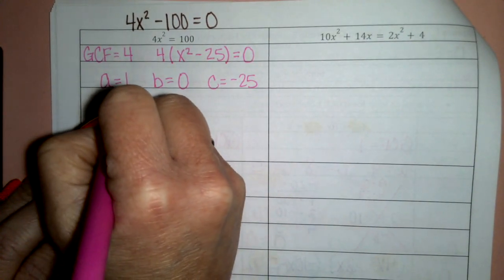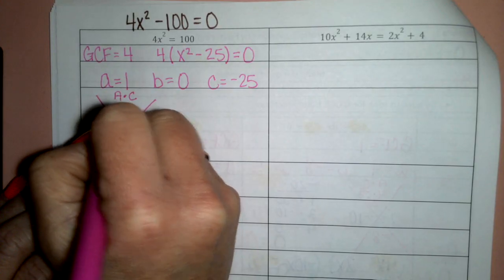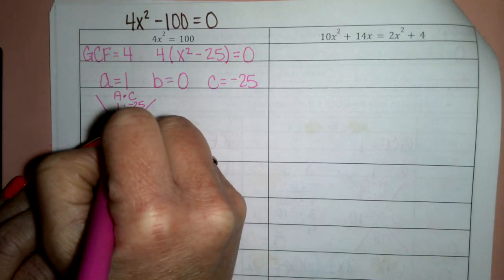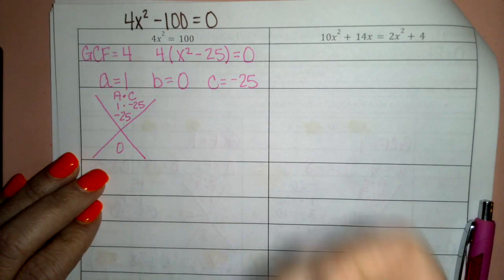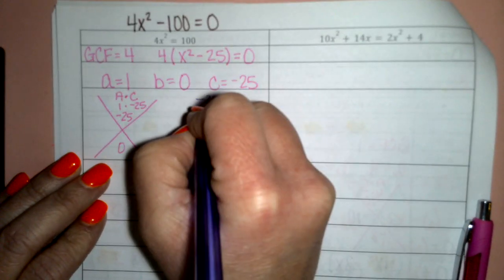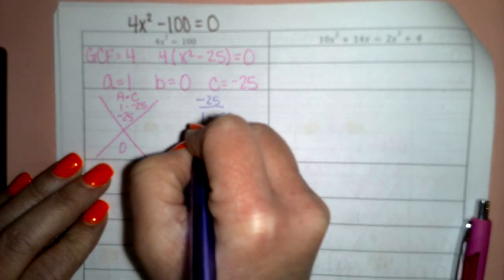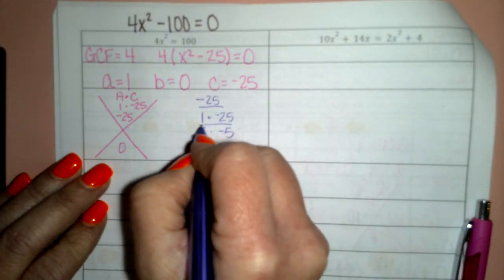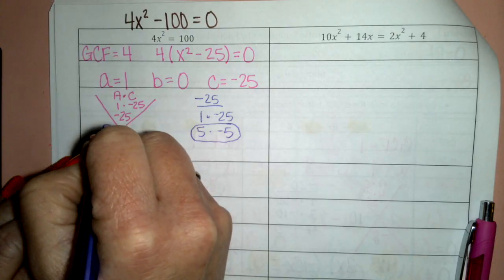A times C is 1 times negative 25, which is negative 25, added together to give me 0. My factors of negative 25 are 1 and negative 25, and 5 and negative 5. The one that works is 5 and negative 5. They're the only ones that add up to give me 0.